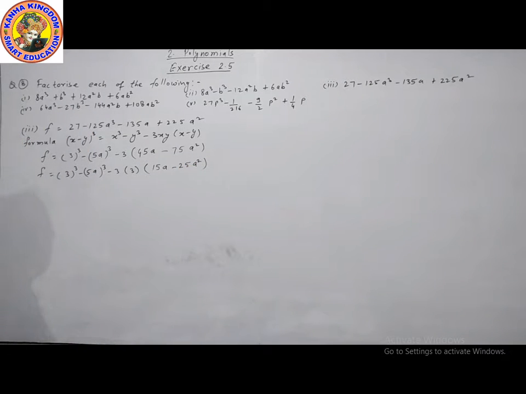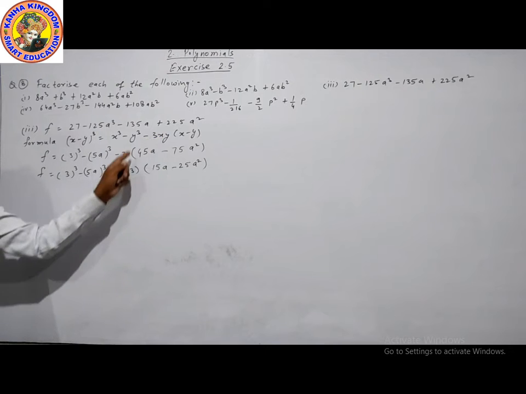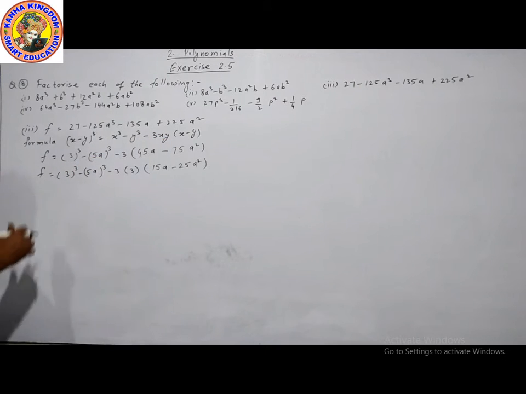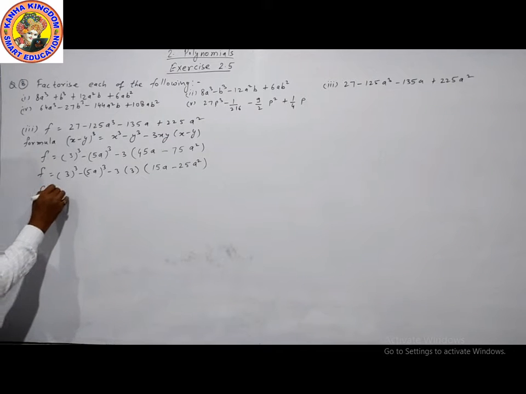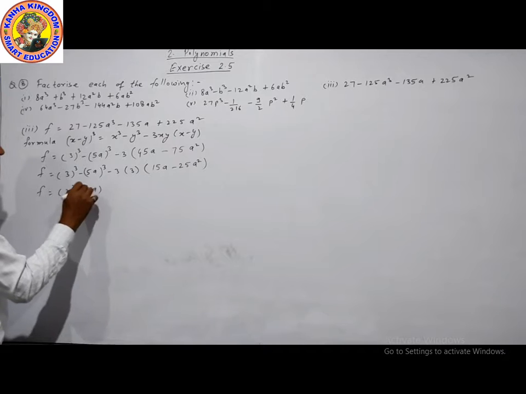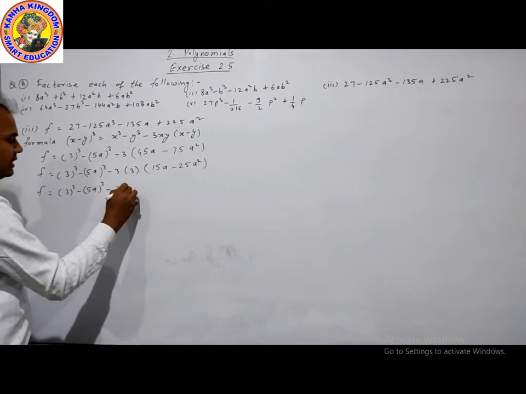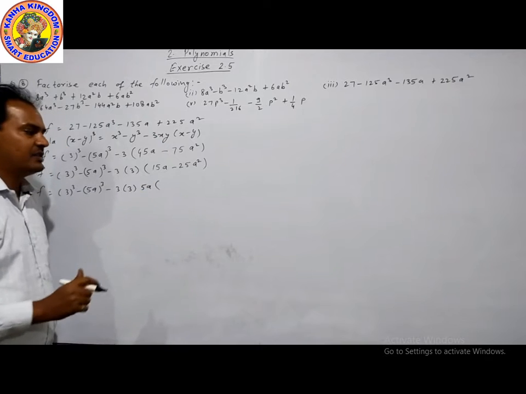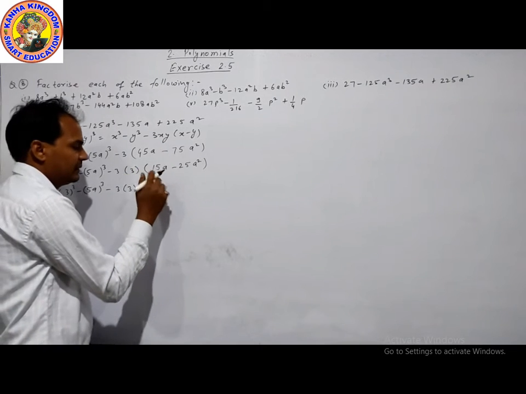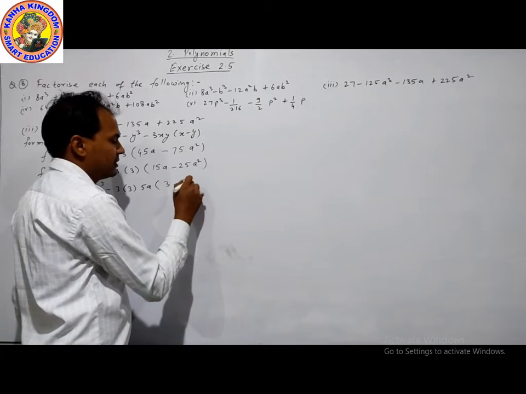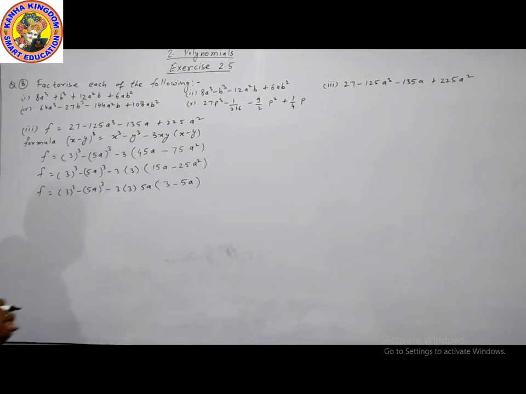This is our equation. Now we take common x. Now y is 5a. Taking 5a as a common, 3 cube minus 5a cube minus 3, 3. Now taking 5a as a common, dividing by 5a, this is 3, and dividing by 5a, this is 5a.